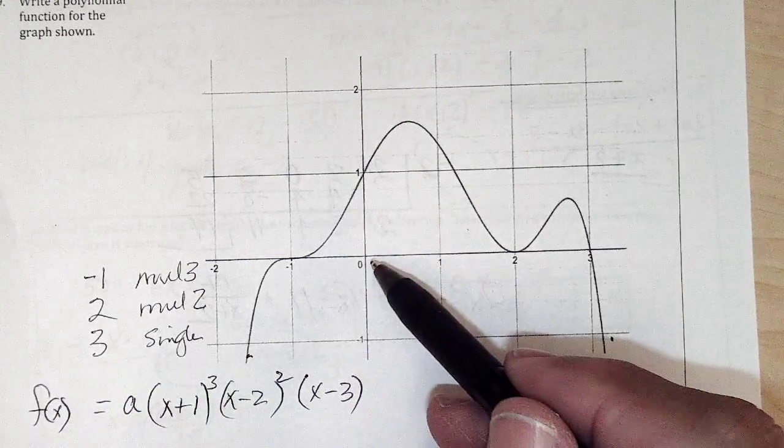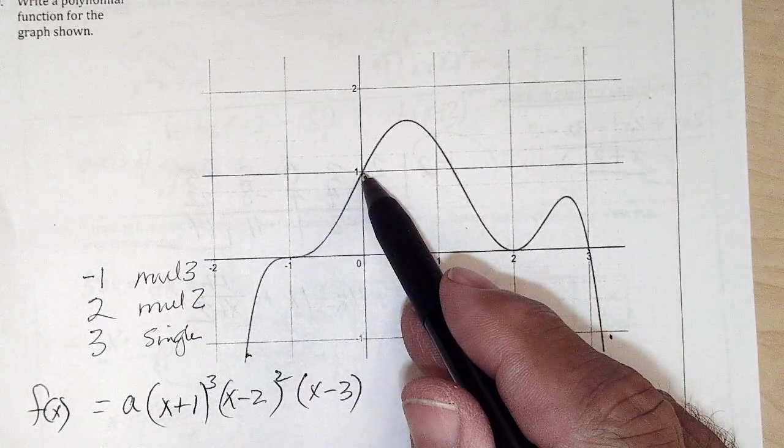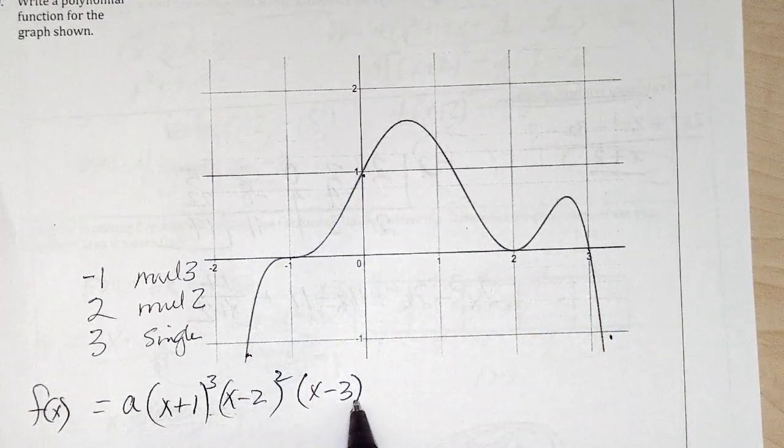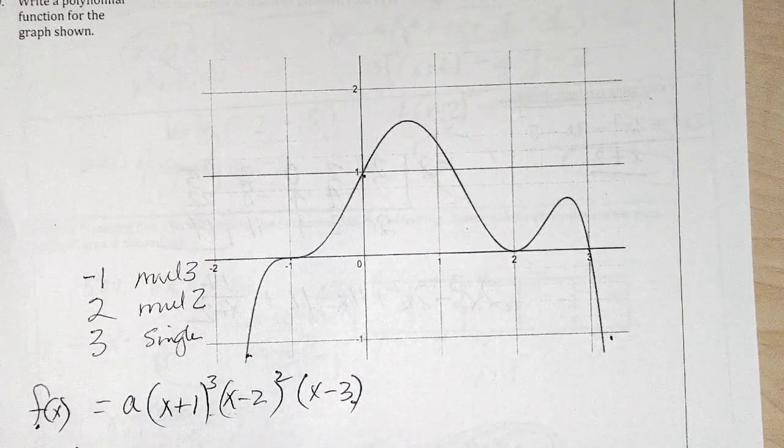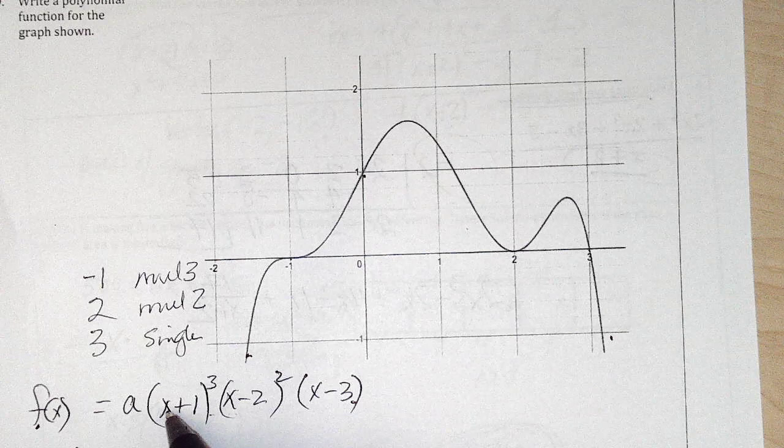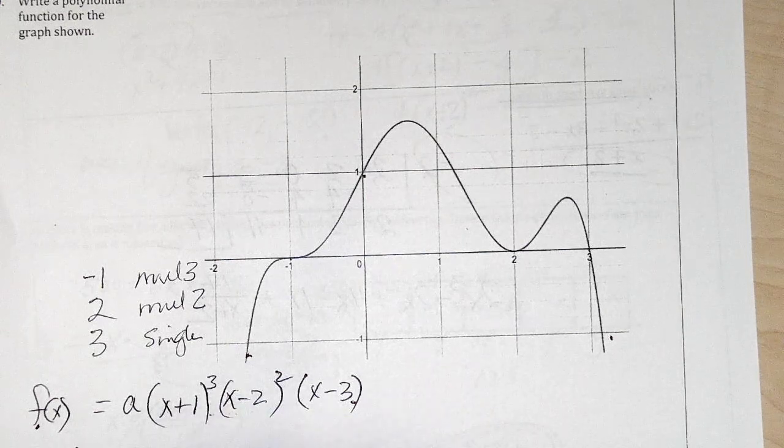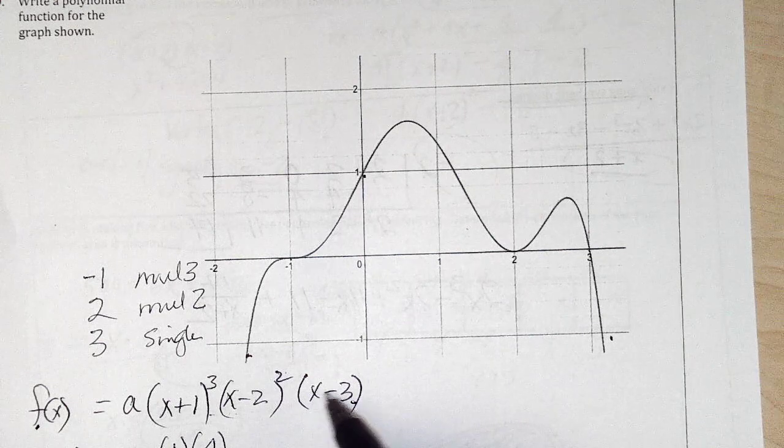And at 0, it's supposed to be 1. So if I put in zeros here, I'm supposed to get 1. So we can figure out a by doing that. 0 plus 1 is 1, cubed is 1. 0 minus 2 is minus 2, squared is plus 4. And 0 minus 3 is negative 3.